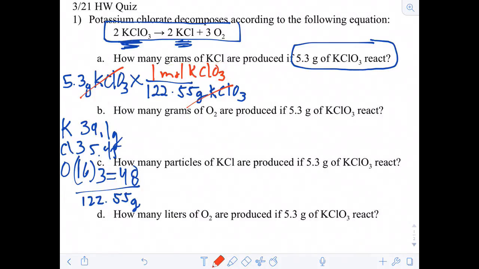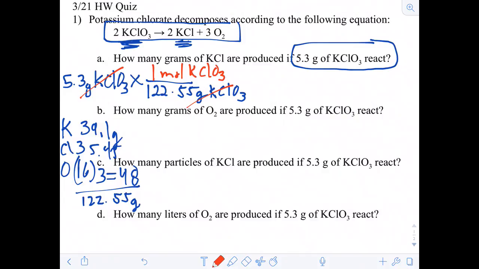What's up, Eric? Wait, so if you want grams, you just go 1 mole over the atomic weight, right? Absolutely. And then if you want particles, you go the other way around. For particles, all I would do is say 1 mole is, after I convert to moles, I'd have to say 1 mole is 6.022 times 10 to the 23rd atoms.